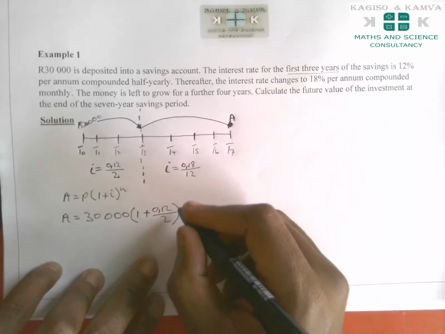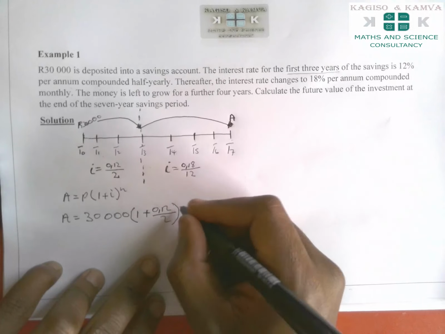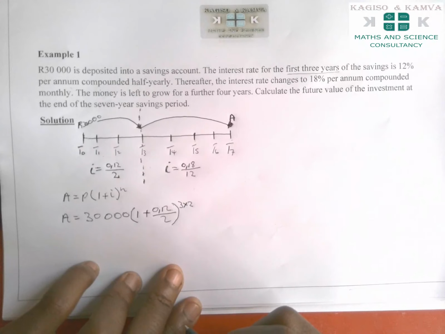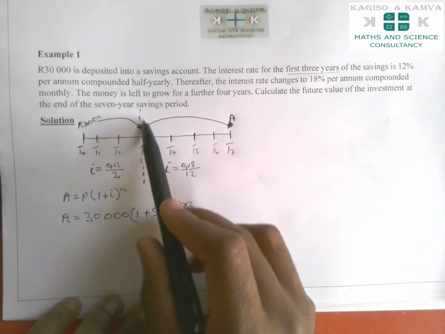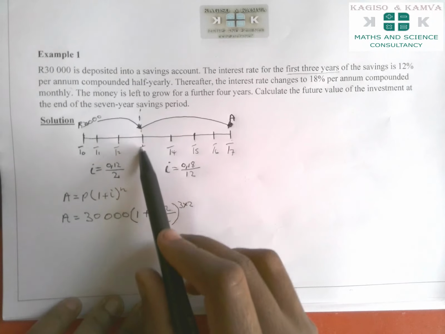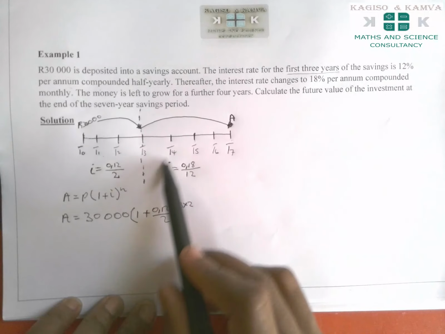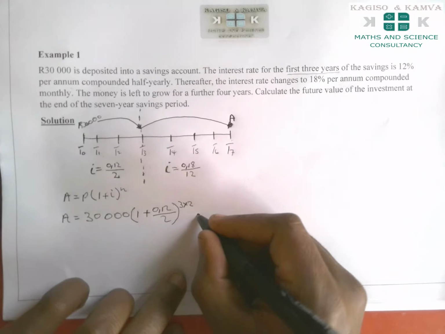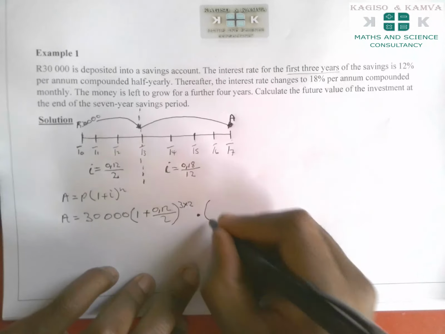Okay, now for 3 years it is compounded half yearly. This is going to be 3 multiplied by 2. Okay, and now this amount also, we've got an accumulated value here. This accumulated value increases with this interest rate. So we are going to say multiplied by, what do we have now?